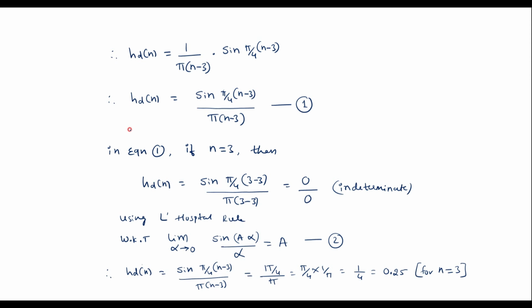So in general, hd of n is equal to sin pi by 4 of n minus 3 divided by pi of n minus 3 for n is not equal to 3, and its value is 1 by 4 for n is equal to 3. So here hd of n is the impulse response of the system.